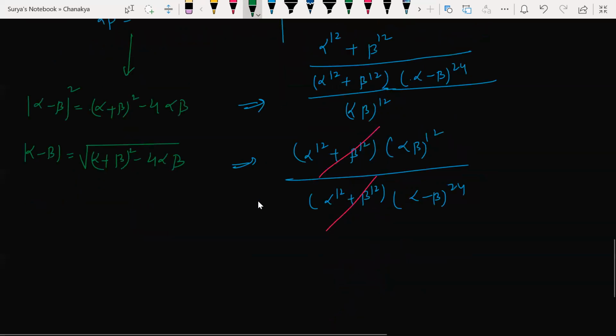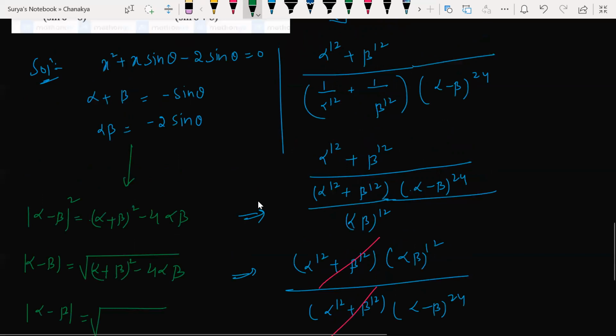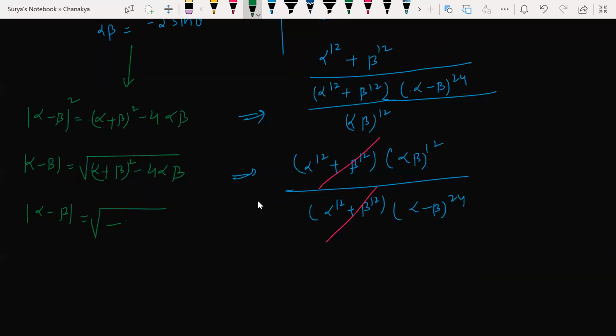Right? Perfect. So alpha minus beta can be written as square root of alpha plus beta is what, beta? Minus sine theta, whole square, minus 4 times of alpha beta is what? Minus 2 sine theta.